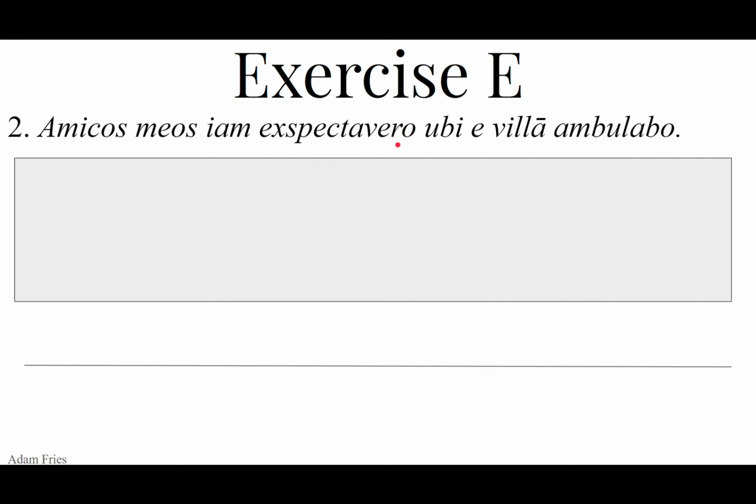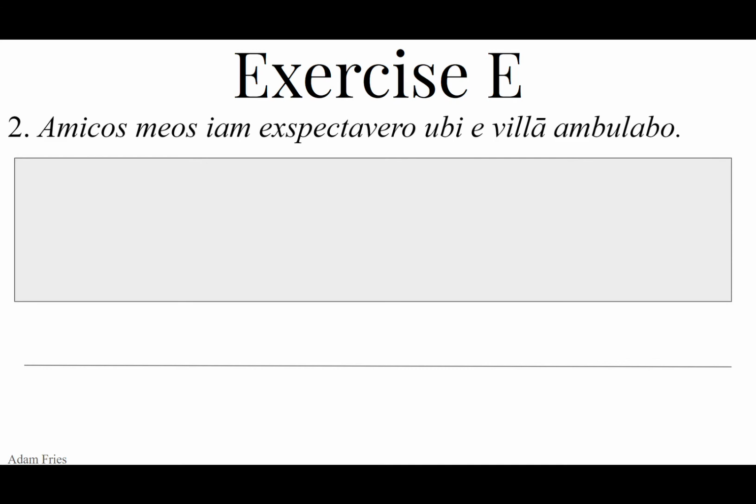I will have awaited. I will have waited for. So this adverb iam is now in the future. So I will have soon waited for my friends. I will have then waited for my friends. We're going to pick the one that sounds the best because context is key. I will have waited for my friends then.